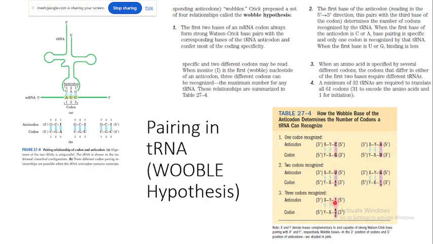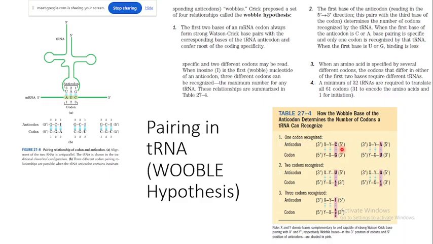So this wobble base of the anticodon determines the number of codons a tRNA can recognize. If the wobble position has C or A, then it can detect only one nucleotide in the codon, so for this codon you will get only one anticodon.